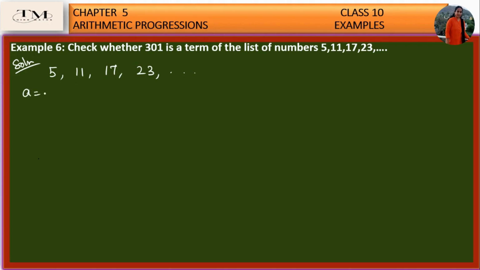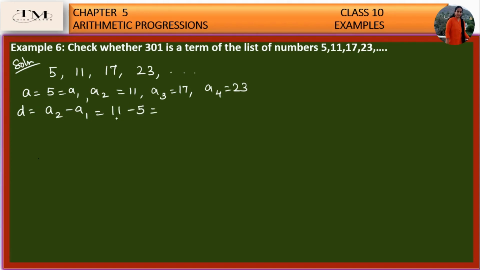Here A, the first term, is equal to 5, which is A1, A2. The second term is 11. The third term is 17. The fourth term is 23. What is D? D is nothing but A2 minus A1. A2 is 11 minus 5. 11 minus 5 is 6.